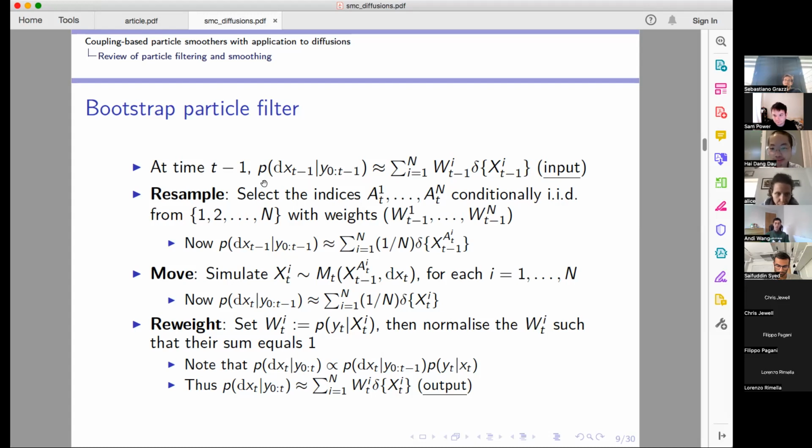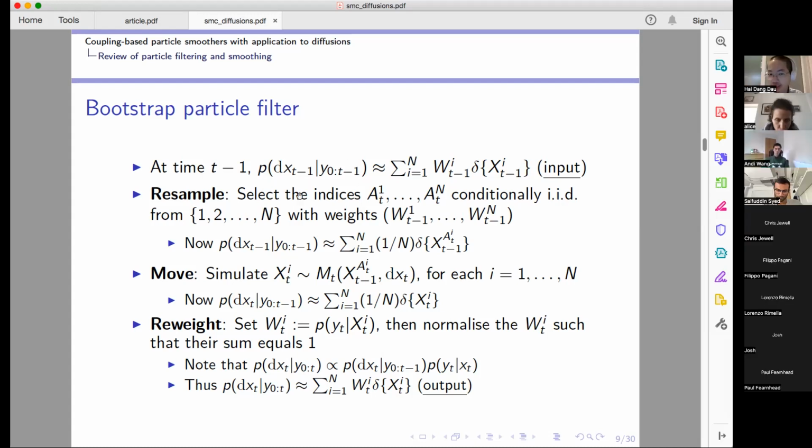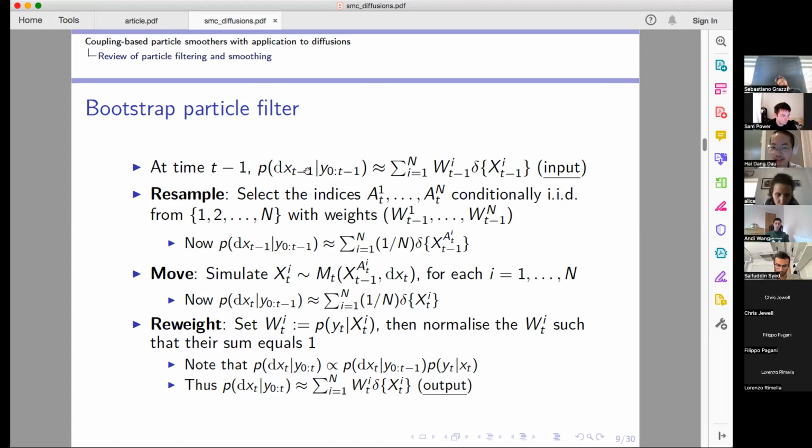At time t-1, you have this distribution, which is the conditional distribution of your hidden state at time t-1 given your observations until time t-1, and this is approximated by a weighted Dirac measure at time t-1. So you have Wt-1^i Dirac of Xt-1^i, and this is the input of your algorithm.